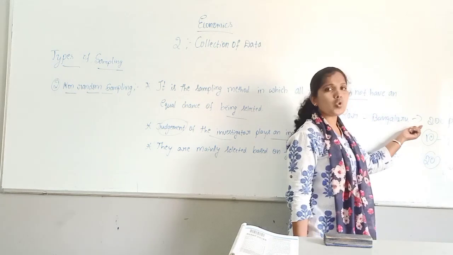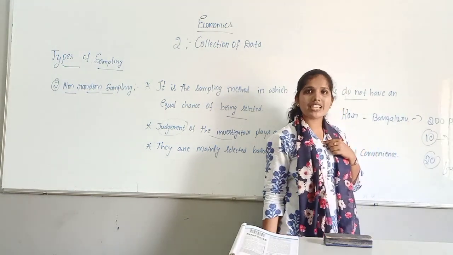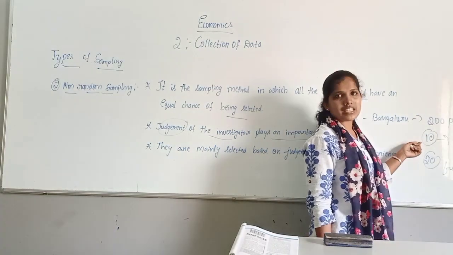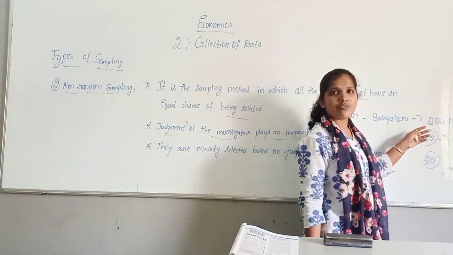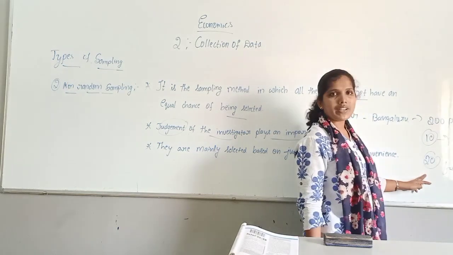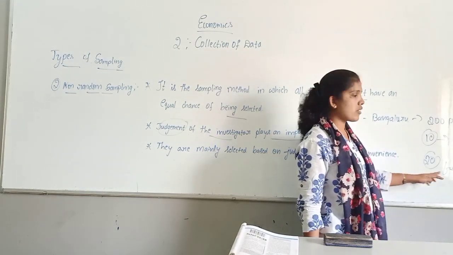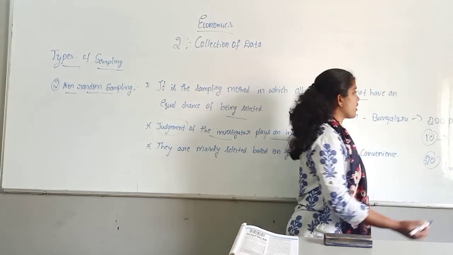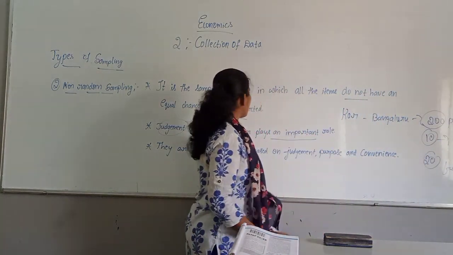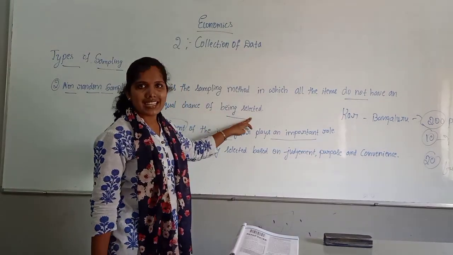So among 200 people, according to the need and convenience, I might take the opinion of only the first 10 people, or maybe the last 20 people. So here all 200 people do not get an equal chance of being selected.